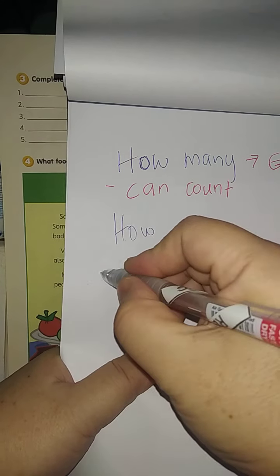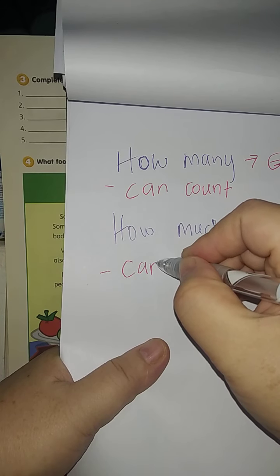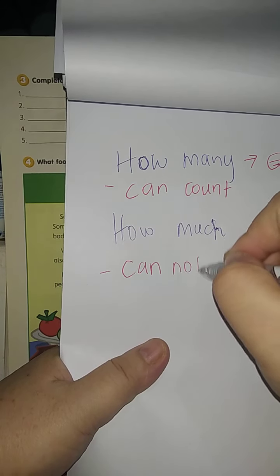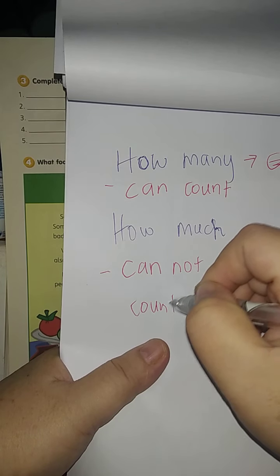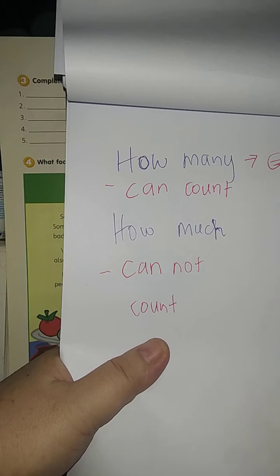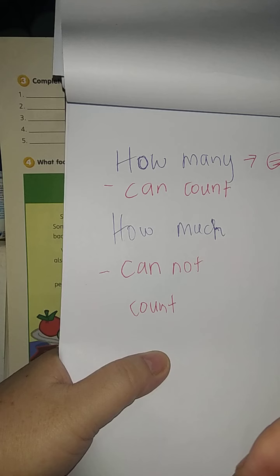But for how much, it's something that you can't count. For example, something that you cannot pick one by one to count because it's too fine or too small, or something that you cannot touch. For example, the value of money.